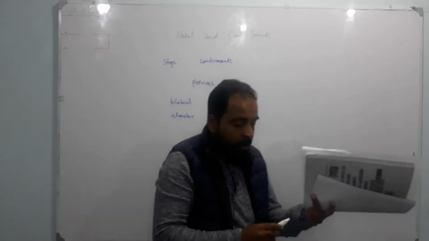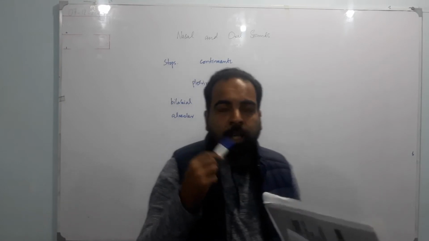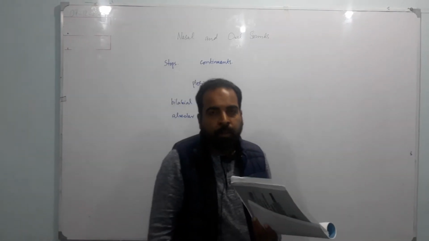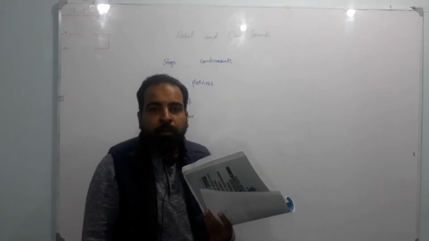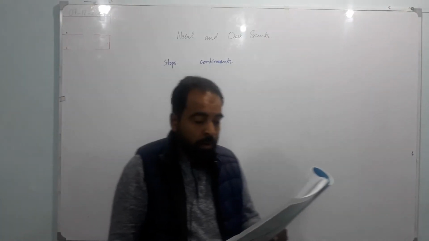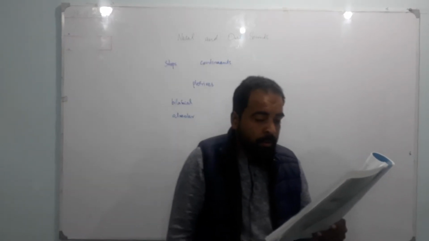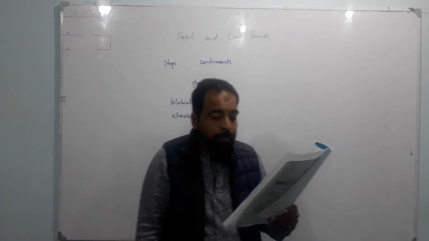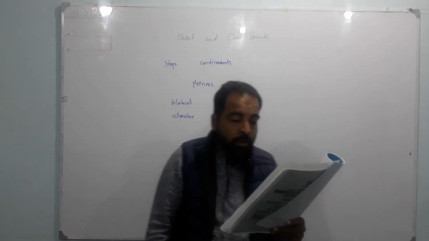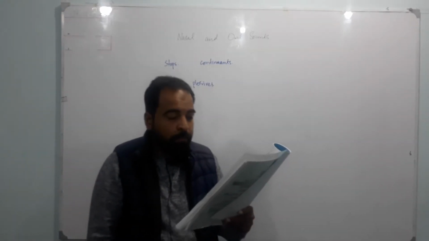Why alveolar? Because the tip of the tongue is touching on the top, which is alveolar. So these are called alveolar stops. The airstream is stopped by the tongue, making a complete closure at the alveolar ridge.